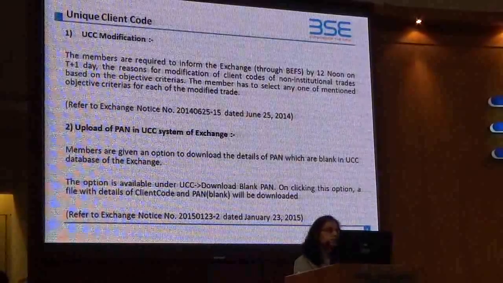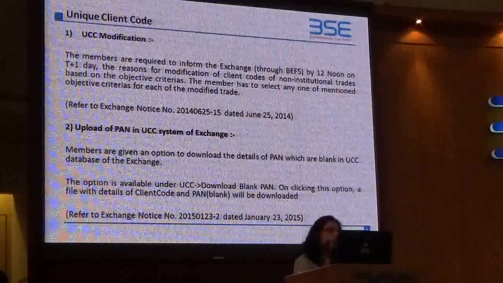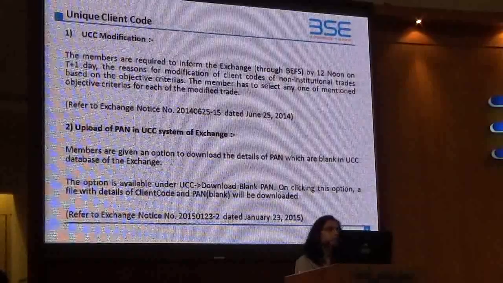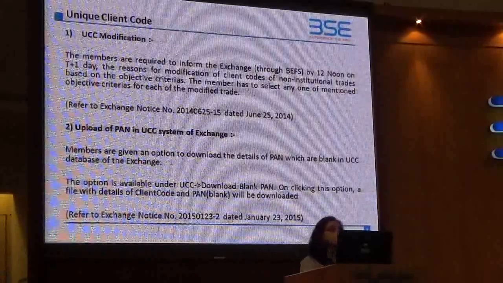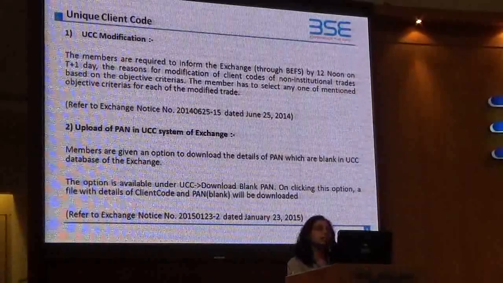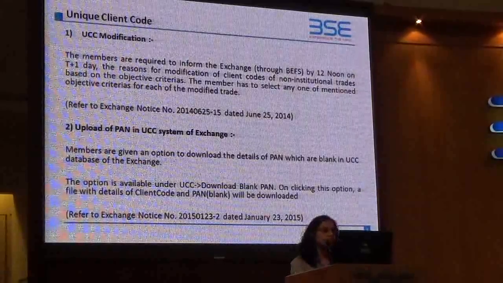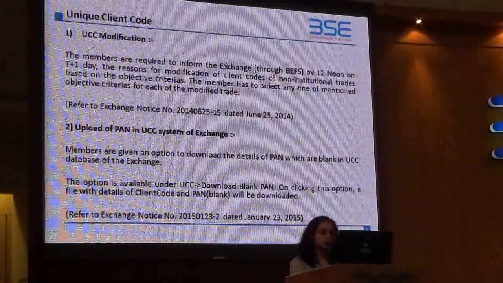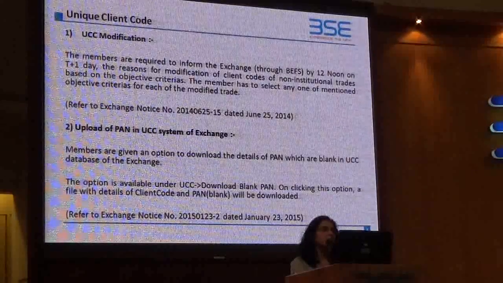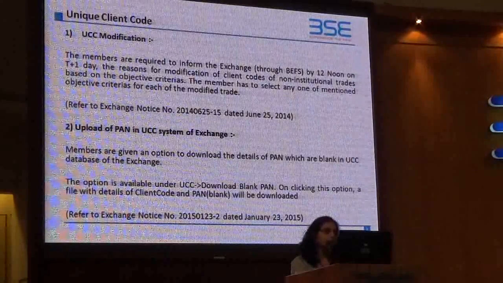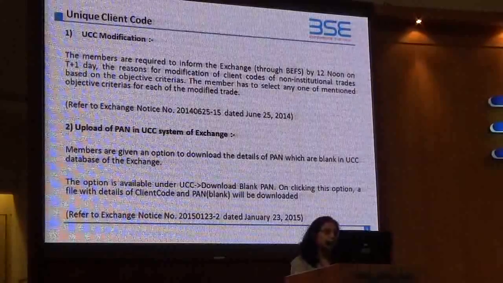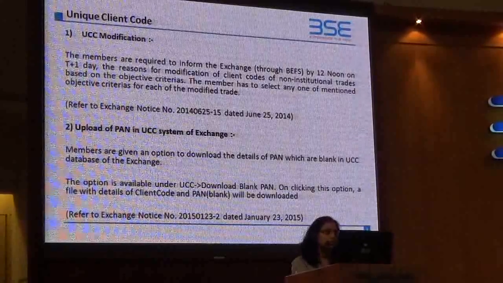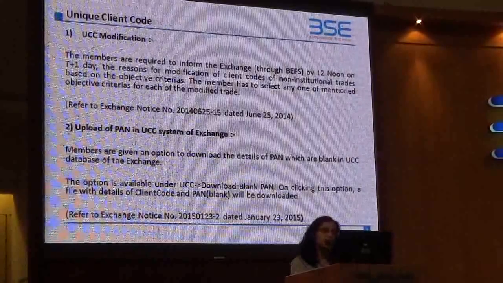Earlier that used to be done on the same day. Now we have extended that, so if there is any UCC modification, you can do it by the next day 12 noon. You have to specify the reason; you get a drop down and can select the reason for the modification, such as punching error and so on.